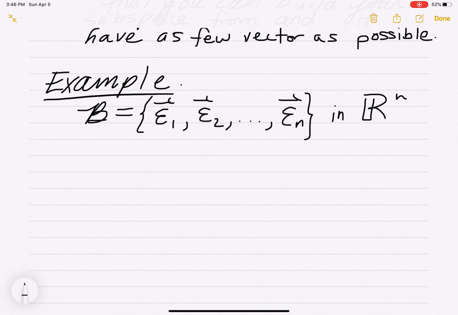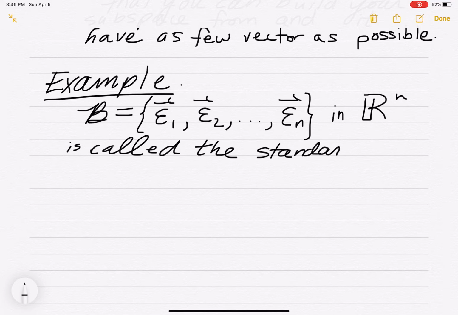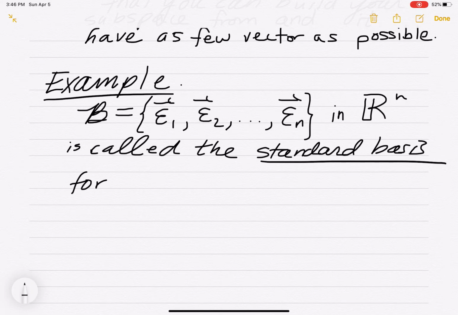This is called the standard basis for Rn.